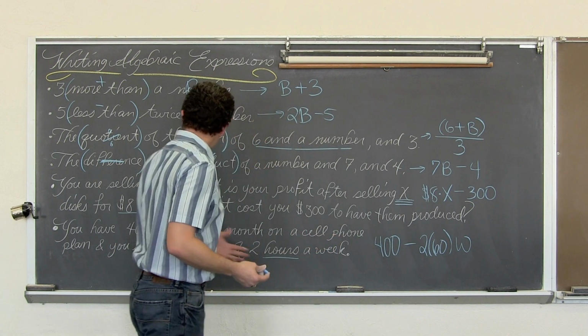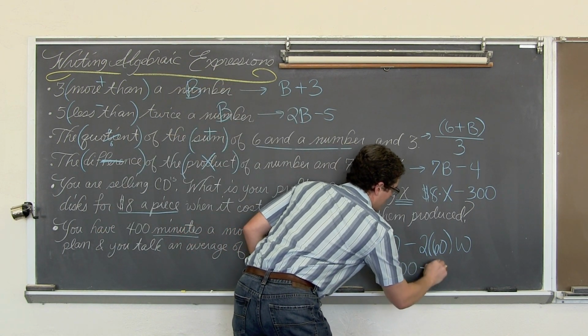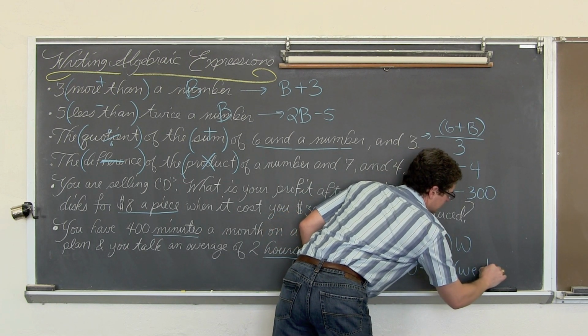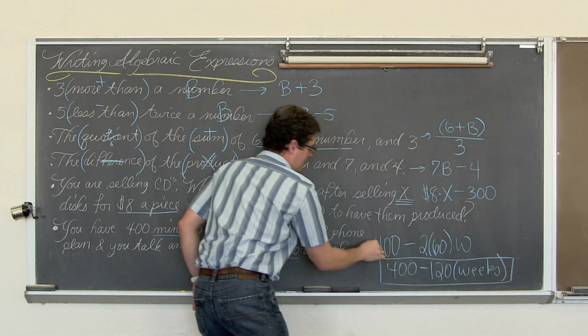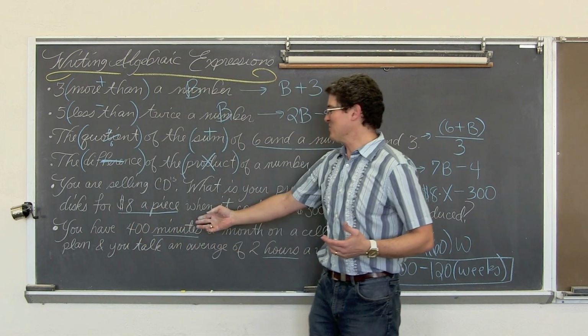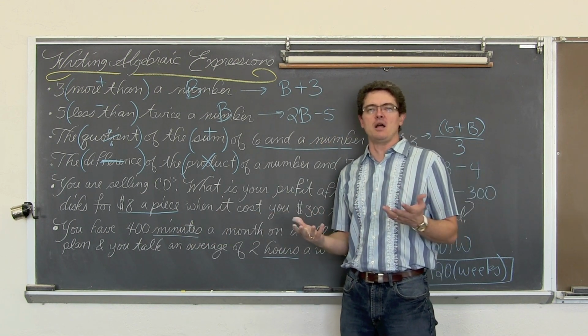So my final expression for this one is 400 minus 120 times the number of weeks that I've got the phone. Now, what does this mean? If you have a 400-minute plan, that means it's 400 minutes every single month.